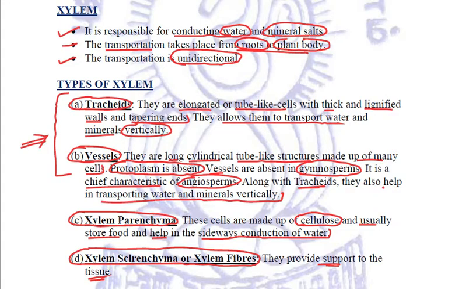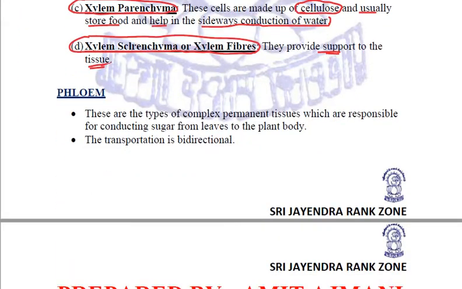Clear? Now next, let us talk about the second type of complex permanent tissues. They are phloem. Now what are phloem? Phloem are the types of complex permanent tissues which are responsible for conducting sugar from leaves to the plant body.